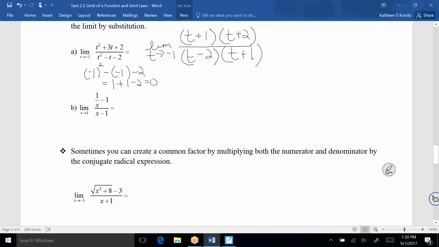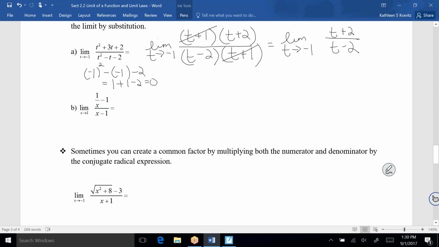And then you can see common factors in the numerator and the denominator. So t plus 1 is a common factor, so you can divide out or cancel those common factors. And we're left with the limit as t goes to -1 of t plus 2 over t minus 2.